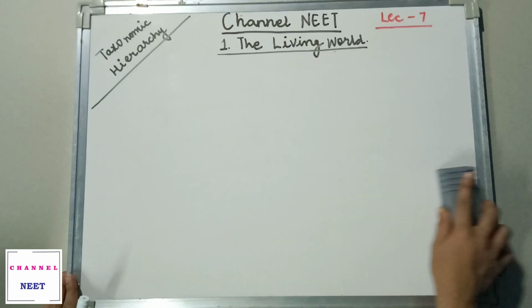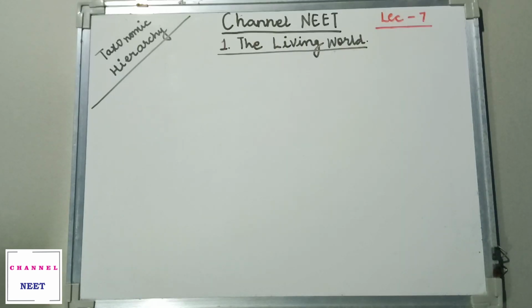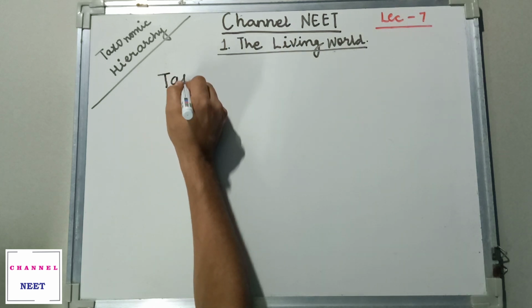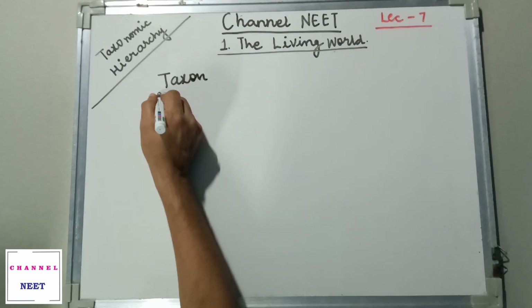Let's see. In the further process with respect to taxonomic hierarchy, there are some years and some names important to it. So we'll be discussing that. Now, on the basis of taxon, a few things you should know.